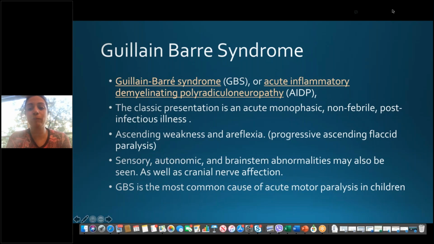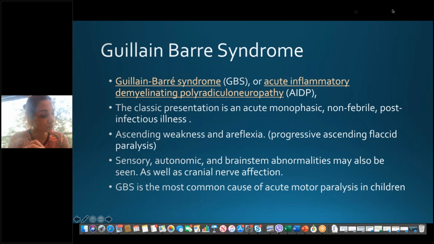It used to be poliomyelitis, but after immunization and eradication, it is now the most common cause of acute motor paralysis. There are many forms of Guillain-Barre syndrome. In our girl's case, it was a motor and sensory axonal neuropathy. Sometimes it just affects the motor components, so it's a motor axonal neuropathy. Rarely it can just affect the sensory components, like a sensory neuropathy.